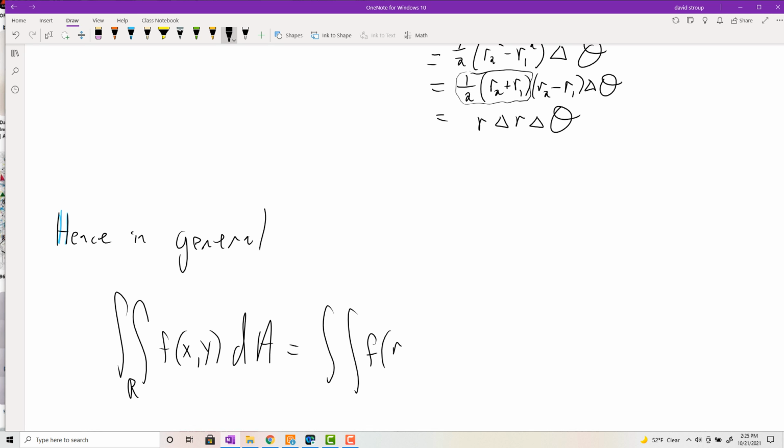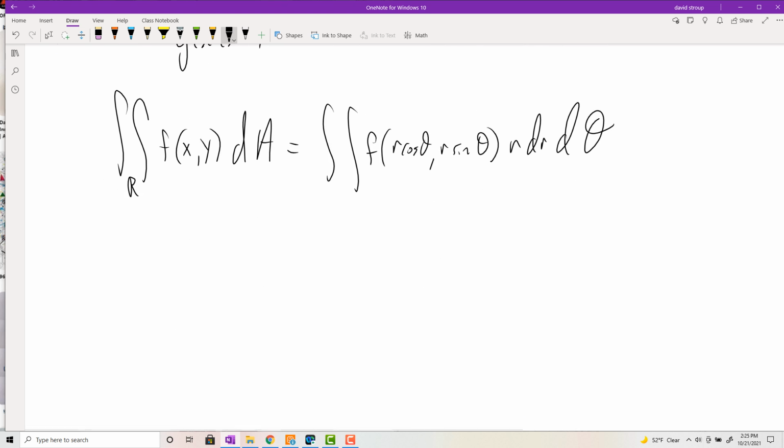I'm replacing x with r cosine theta, y with r sine theta, and then we'll replace the area increment with r dr d theta. Typically you won't interchange those limits, but there is an example in the book where you do, and it's just a matter of solving the r function in terms of theta. Okay, but anyways, there's that idea, and of course we're going from some r function here, r1 of theta, to some r2 of theta, and then we're going from theta 1 to theta 2, whatever those are.